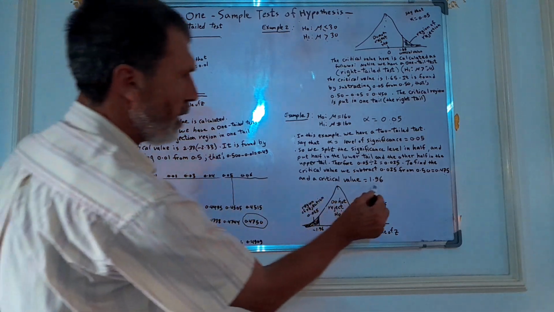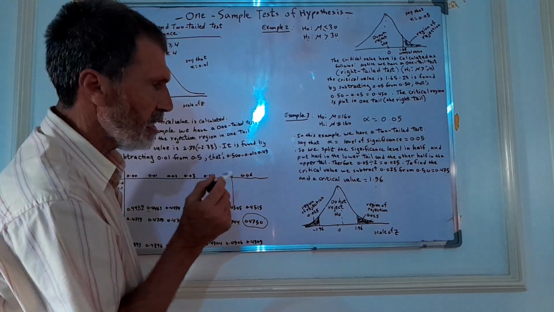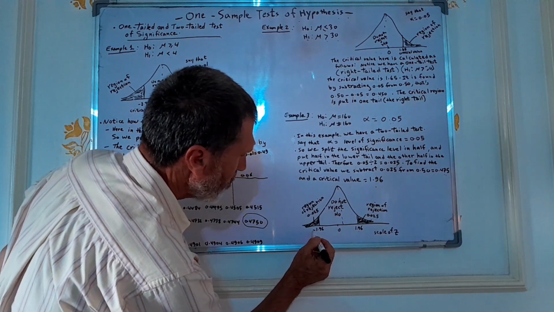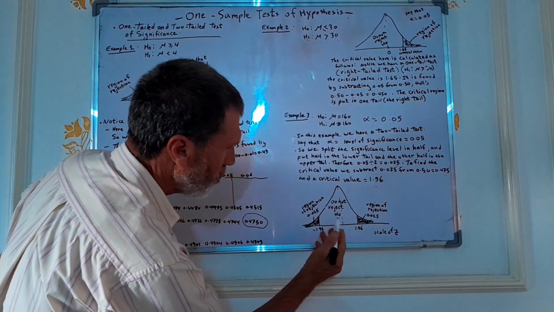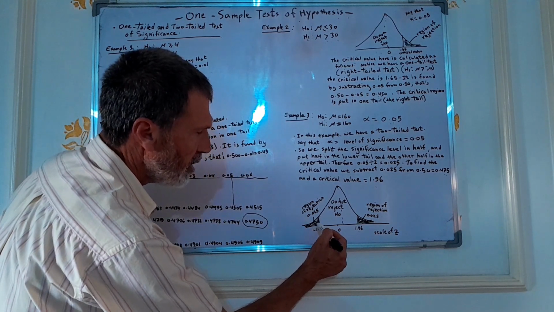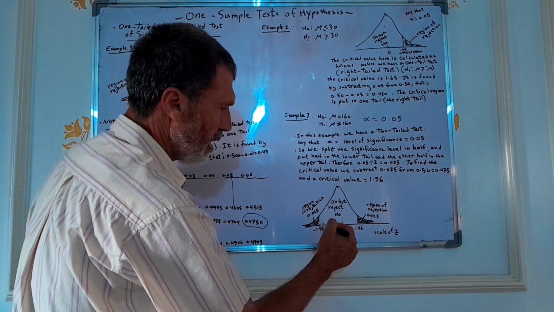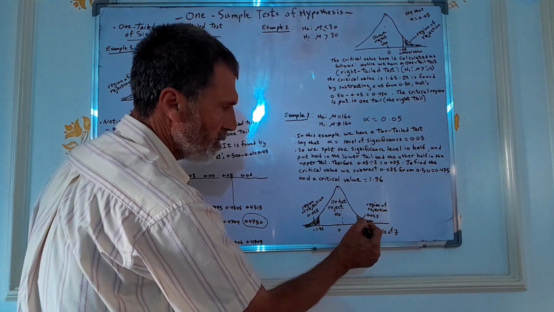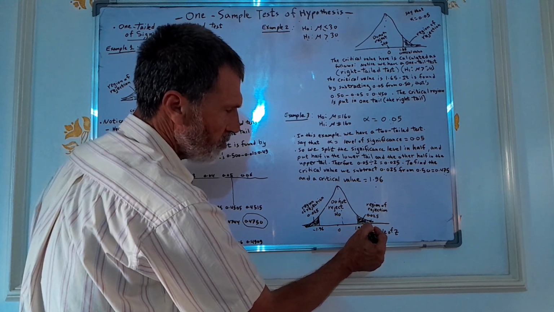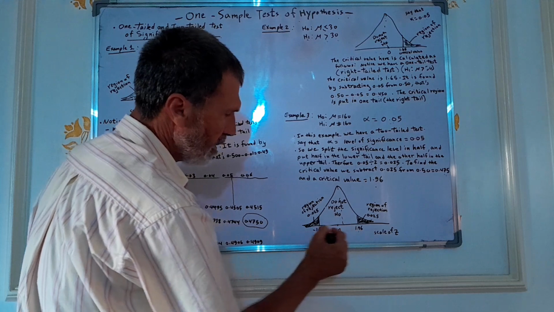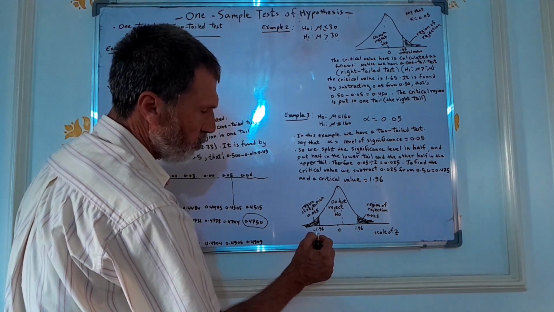We put 1.96 here, and over here minus 1.96, because it is to the left, in the lower tail of the curve, and here it is in the upper tail of the curve. So here we have positive 1.96, and negative 1.96.